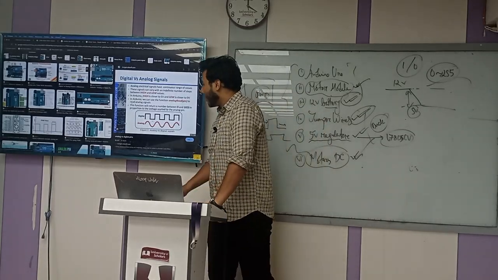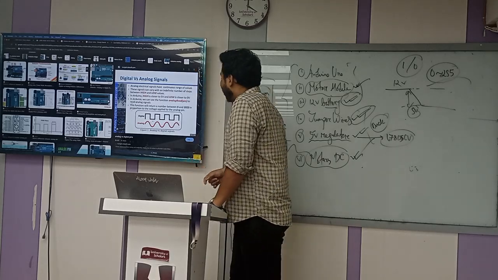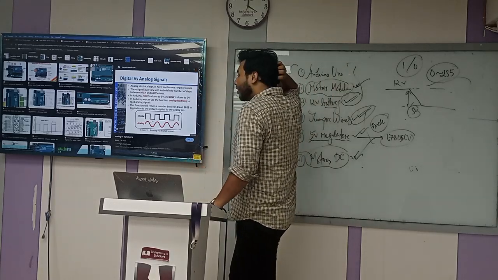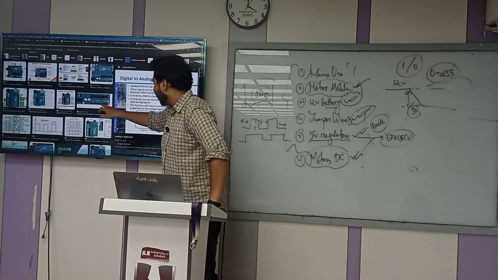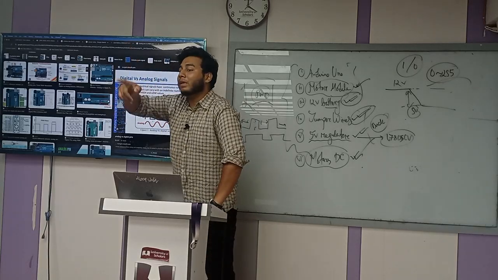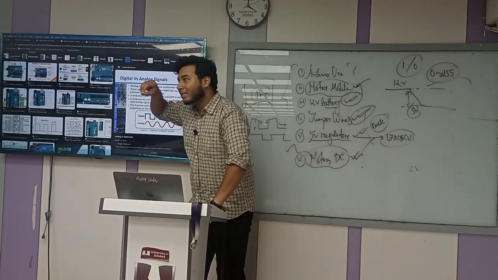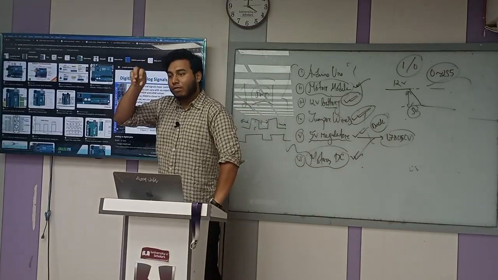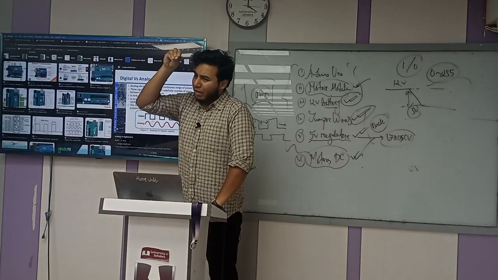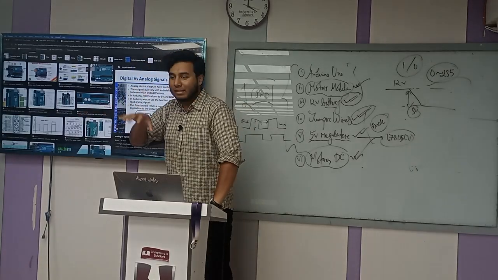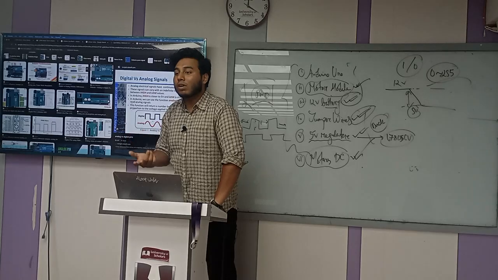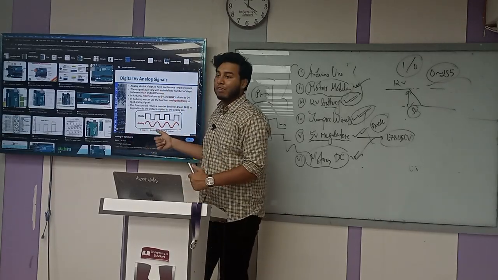So we have to play with the analog versus PWM pin. These are the analog pins, and the special digital pins are the PWM pins. All the PWM pins are part of the digital pins, but act like variations of the analog pin.